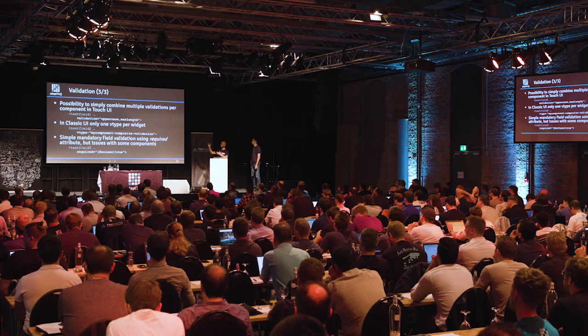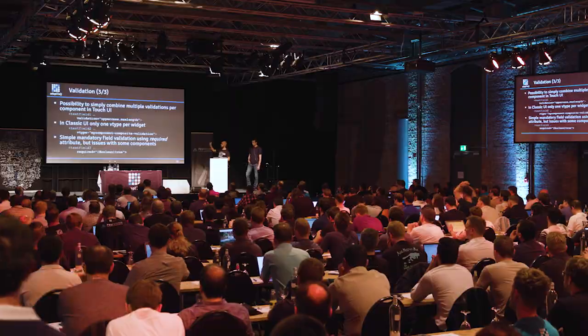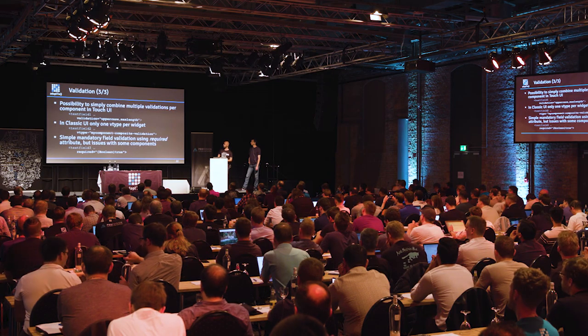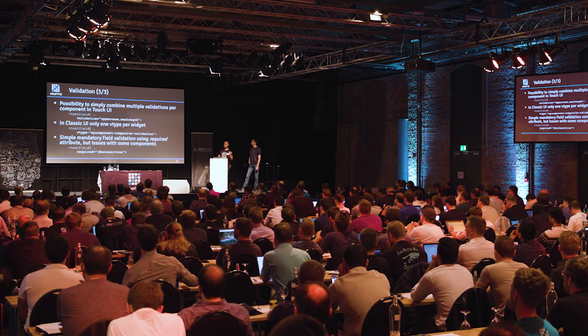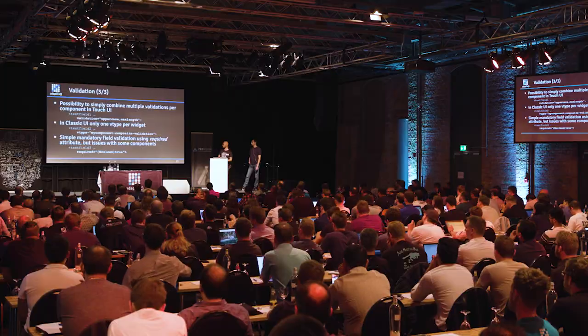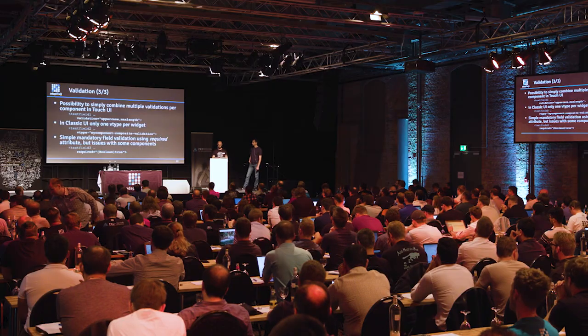Again, as an example, in Classic UI you needed to have a V-type called Composite Validation that would contain, as I mentioned before, a set of your validators. And finally, in order to validate mandatory fields, we use the required attribute, but in fact we had some issues with it, which will be tackled further ahead.